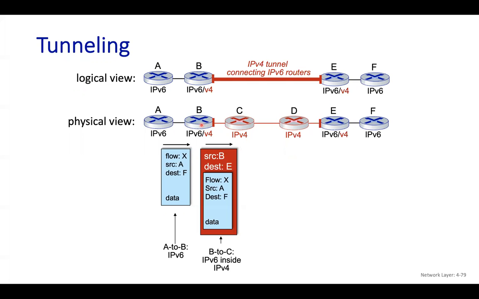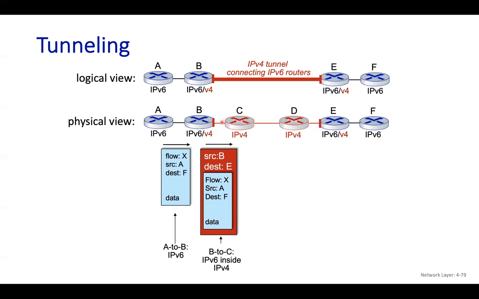From this router to that router, after I encapsulate with the IPv4 format, the destination is going to be E, and the source router would be B. Because from here to here, those are IPv4.